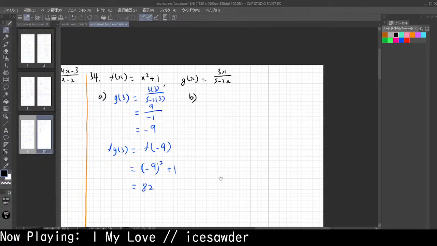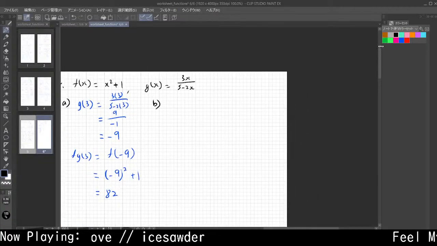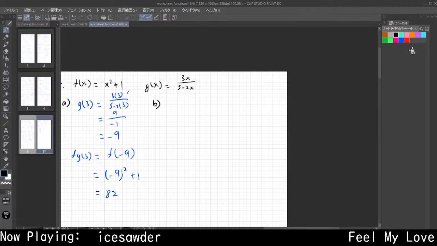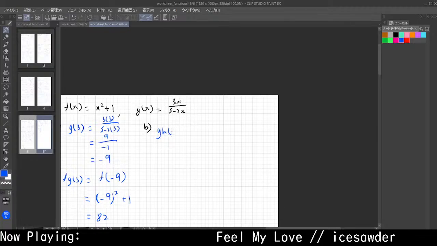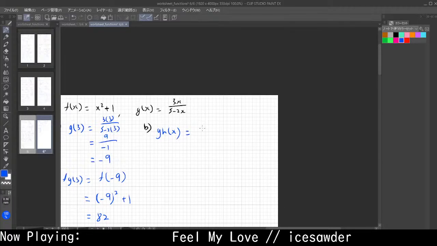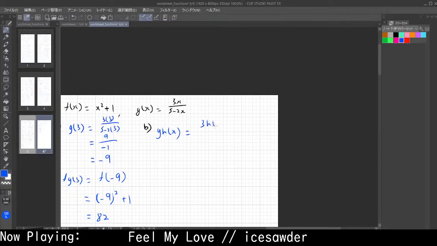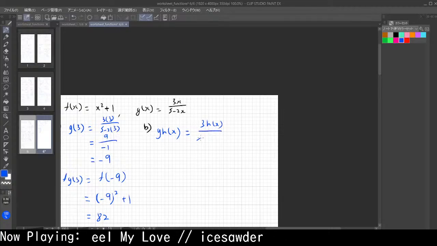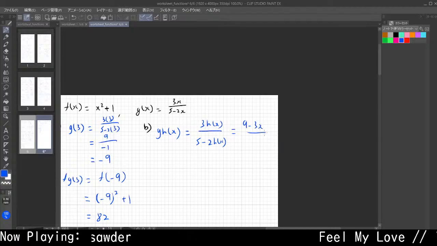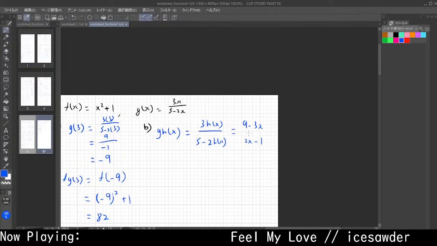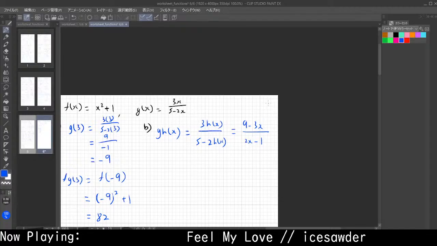Okay, so question B, if g(h(x)) equals this, find h(x). h is the one inside, so this is a bit easier. g(h(x)) equals 3h(x) over 5 minus 2h(x), and this is equal to (9 minus 3x) over (2x minus 1). Okay, this is very troublesome.